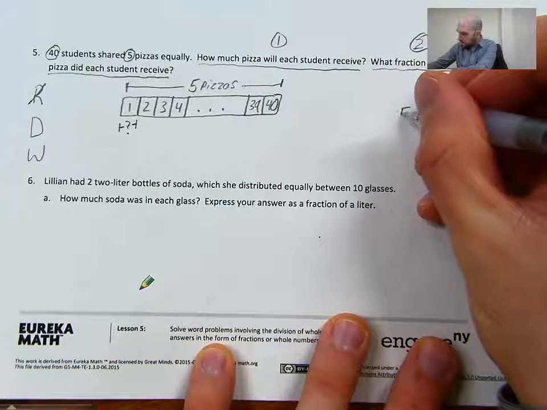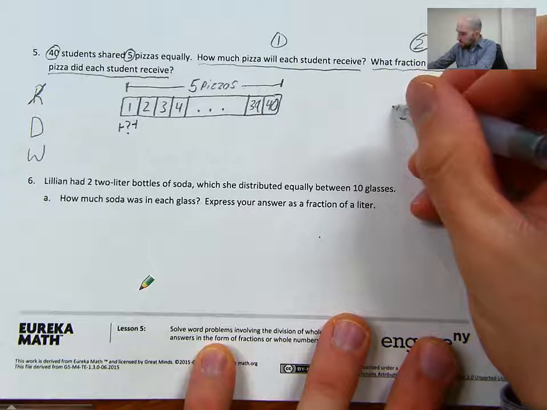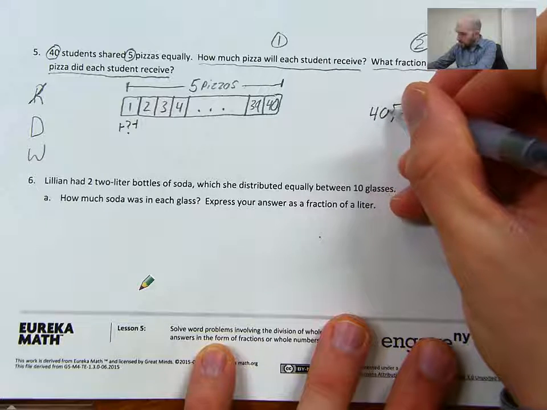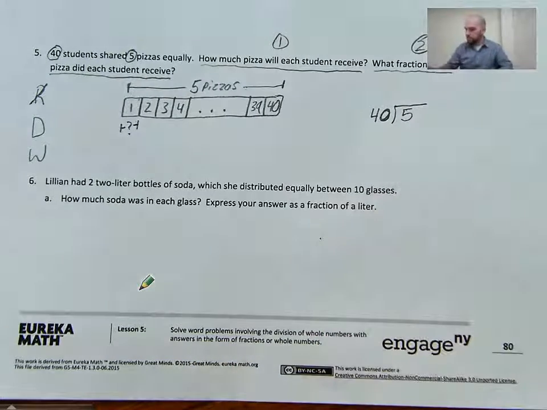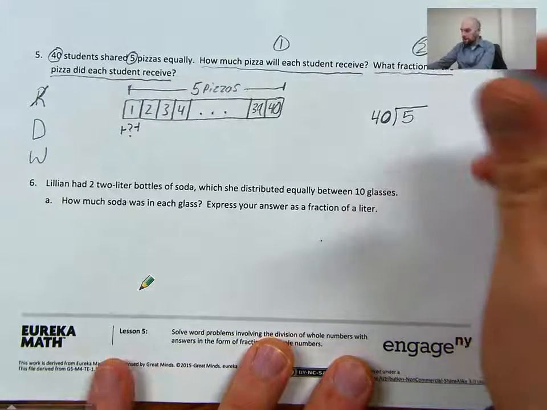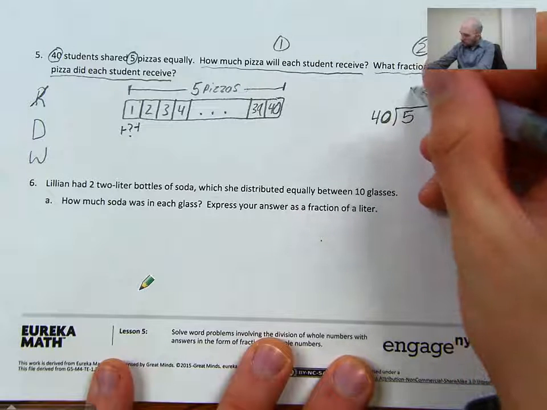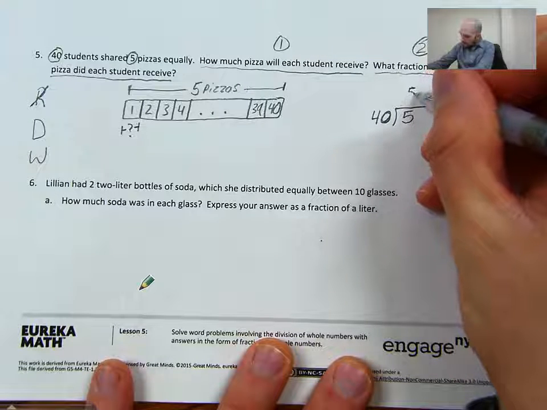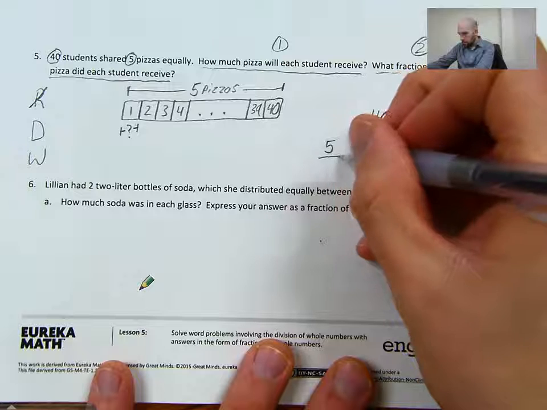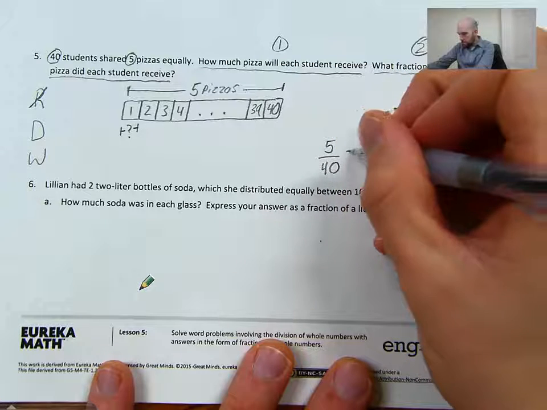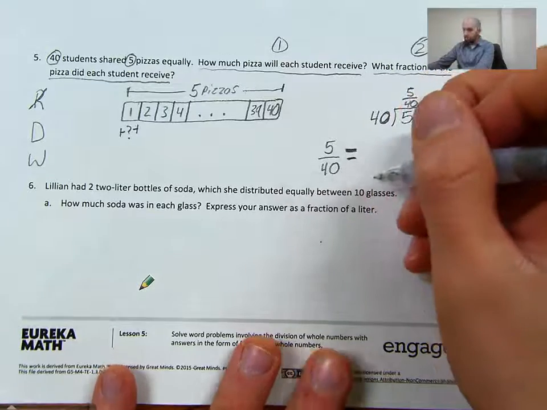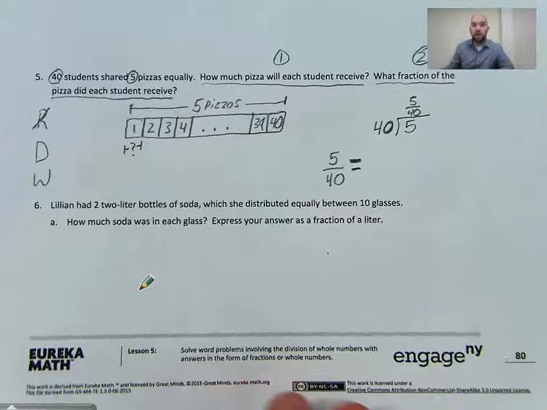So I know I have 5 pizzas and divide them by 40. And we know 40 isn't going to go into 5. So we'll just do 5. 5 divided by 40 is the same as 5/40ths. But we can simplify 5/40ths because 40 is a multiple of 5.